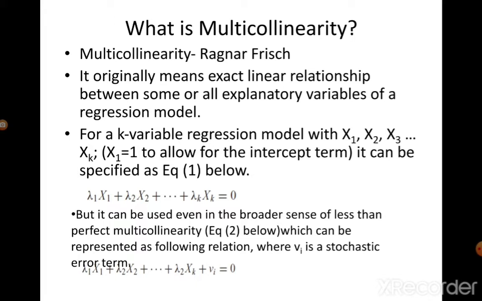If you have an exact linear relationship, in terms of an equation, I can write it in this way: lambda 1 x1 plus lambda 2 x2 and so on, lambda k xk is equal to 0.